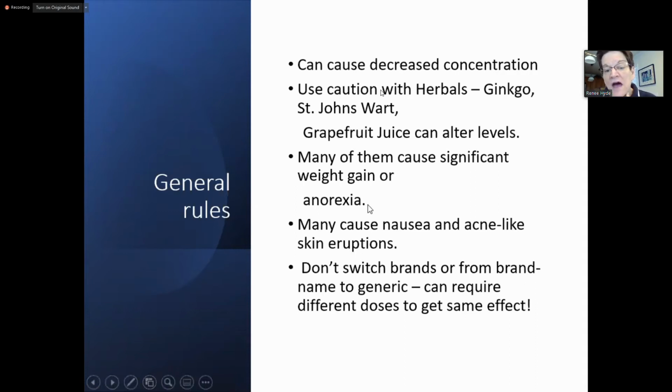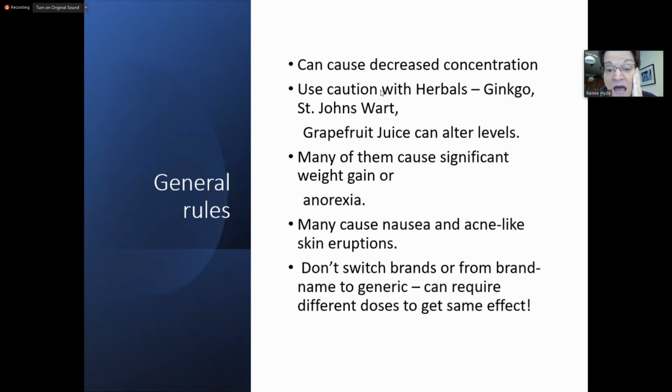And the reason for that was that if you switch from generic to generic to generic, because this is what the pharmacy has this 3 months because it's cheaper, sometimes you have to figure out what level you need to give, because even though generic medications are supposed to be bioequivalent, I can tell you that with anticonvulsants, a lot of them are not.